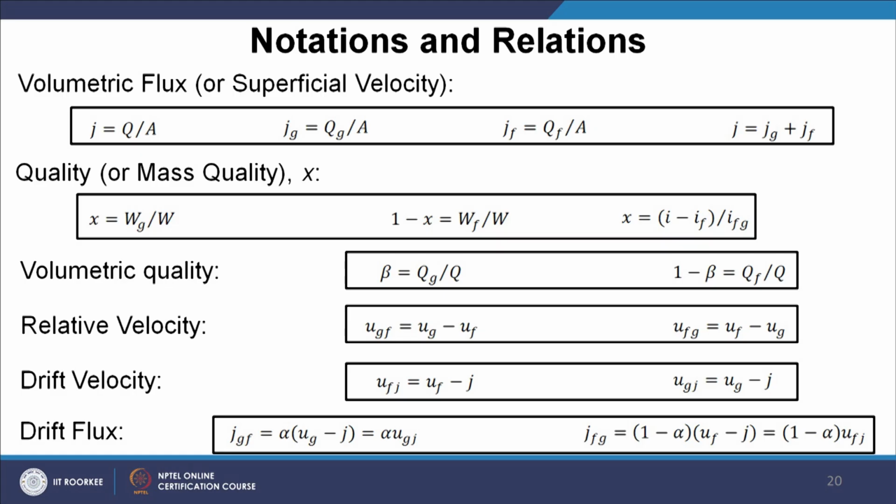You see UG minus j was UGJ. So, I can write JGF is equal to alpha into UGJ. In the same manner, the opposite version, JFG, can be written as 1 minus alpha into UF minus j. Already we have seen UF minus j is UFJ. So, we can write JFG is equal to 1 minus alpha into UFJ.